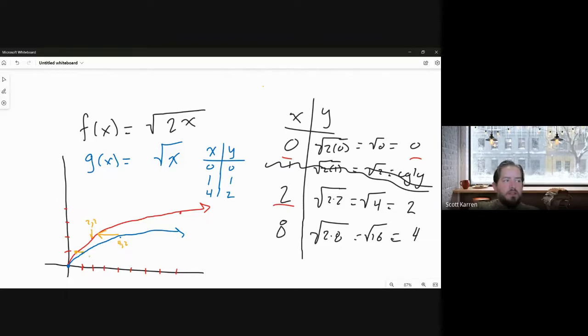The x value got cut in half, so everything got compressed towards the y-axis by a factor of 1/2, right? Which is a little bit different. We've got a nice whole number of 2 being multiplied in there, but that compresses stuff.